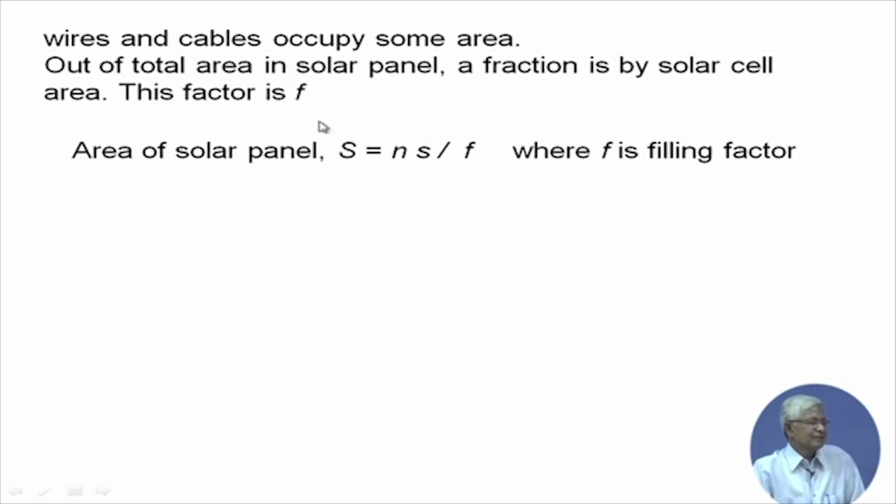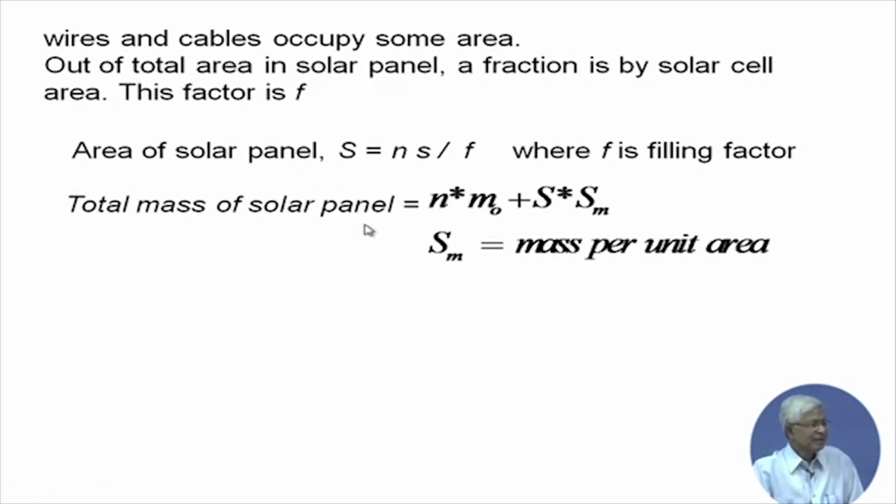That fraction is called the filling factor F. So the area of the solar panel will be: each cell surface, small s, as we have seen in the last expression, and n is the number of solar cells required. So the total solar cell area, divided by the filling factor, gives the total solar panel area; the solar panel area multiplied by the filling factor is n into s. It can also be expressed the other way. So we have got the solar panel area.